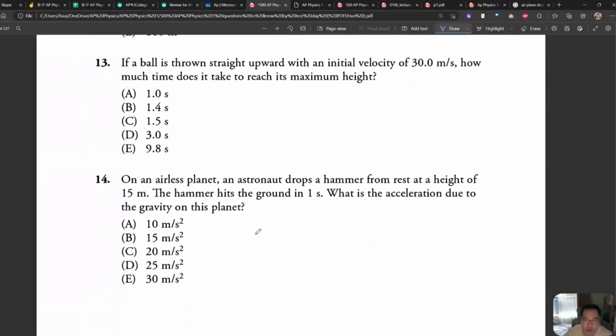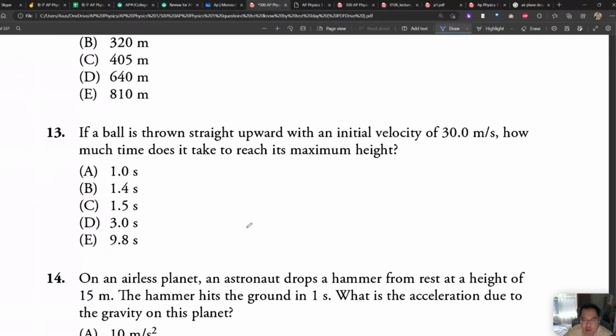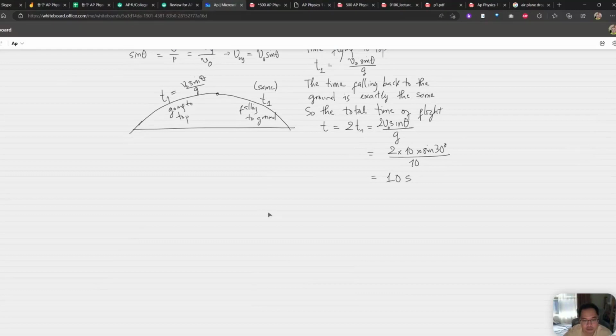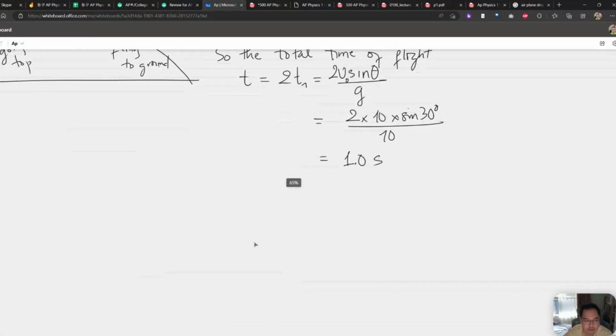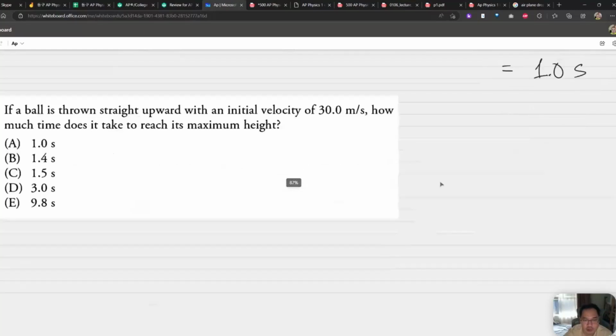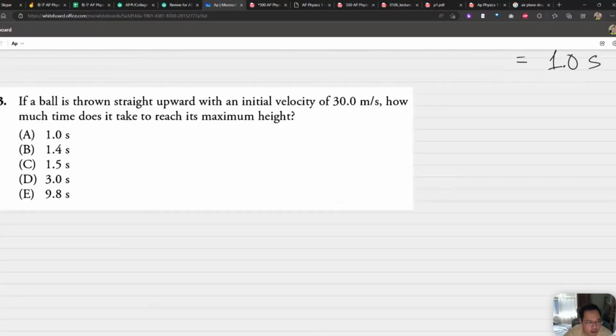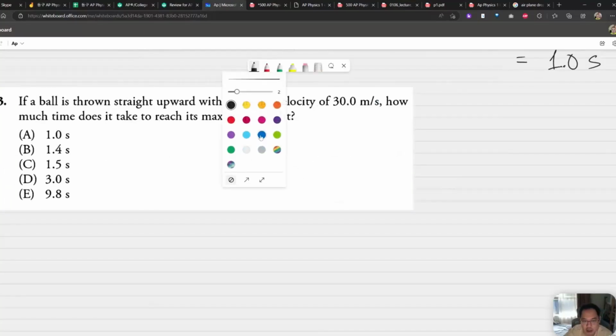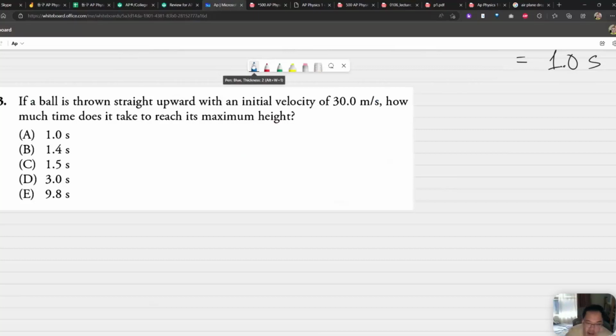A ball is thrown straight upward with an initial velocity of 30 meters per second. How much time does it take to reach its maximum height? Okay, this motion is also constant accelerated motion, and the acceleration is 9.8 meters per second squared.